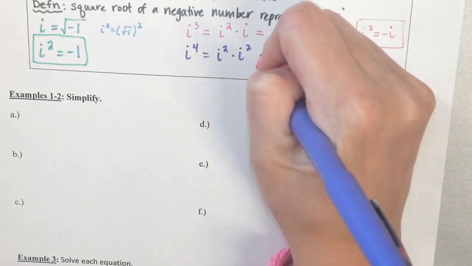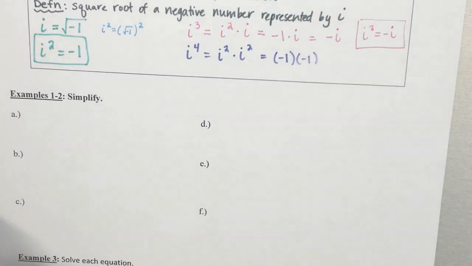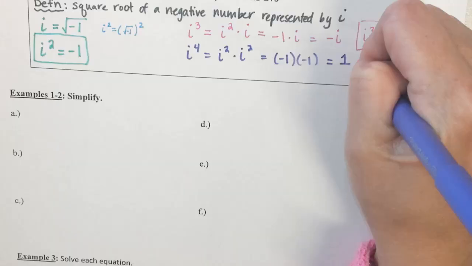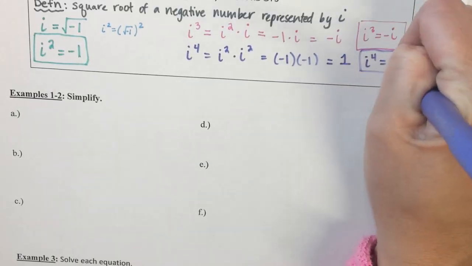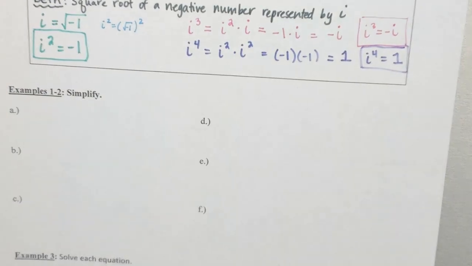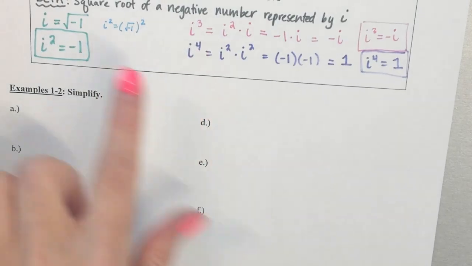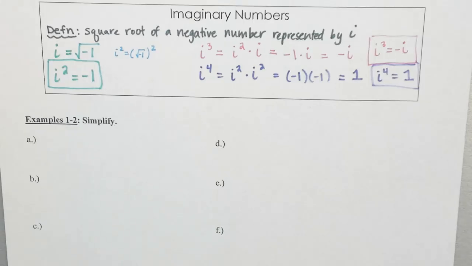Because you know that i squared is negative 1, if you multiply negative 1 by negative 1, that's going to give you what? 1. So i to the fourth is equal to positive 1. You're going to end up finding different values. Usually we will try to write everything in terms of i squared, because that is negative 1.